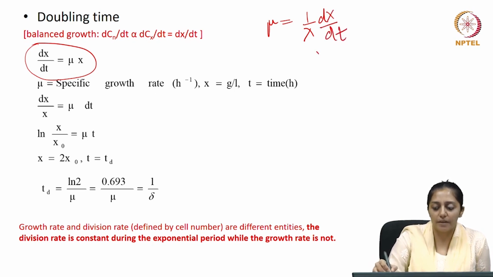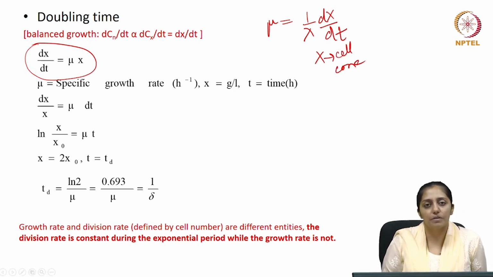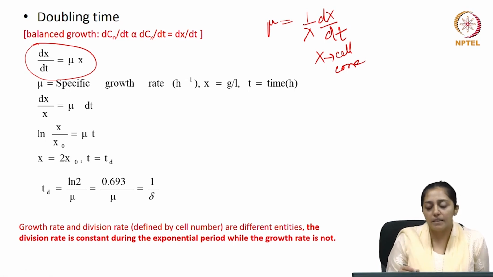Here x stands for cell concentration or biomass concentration. So, the doubling time means the time taken to double the cell concentration.